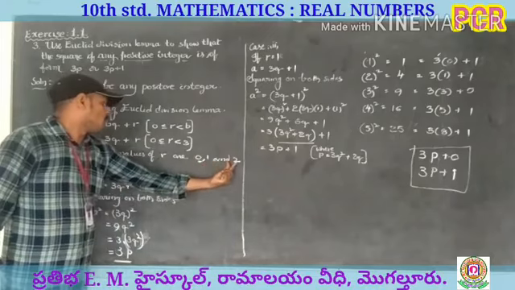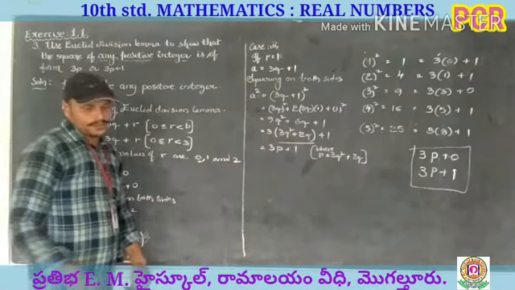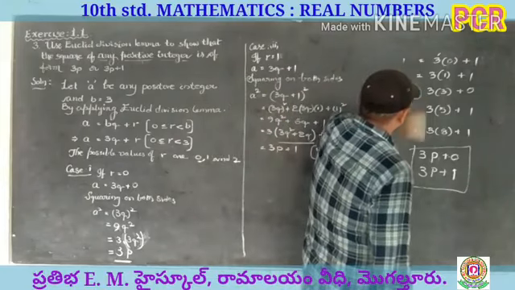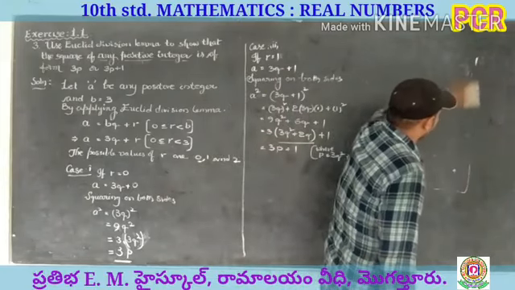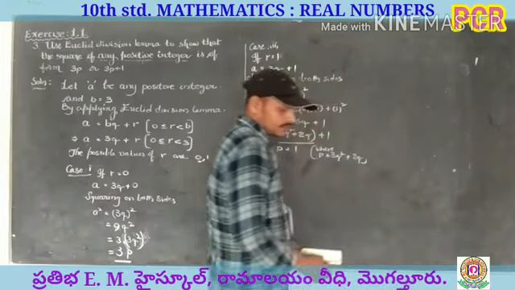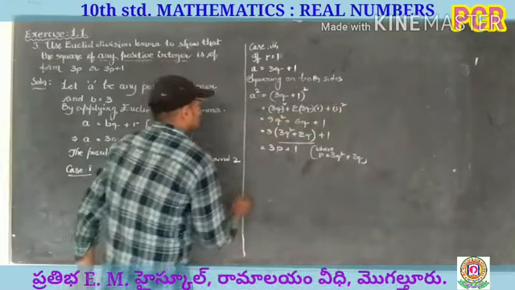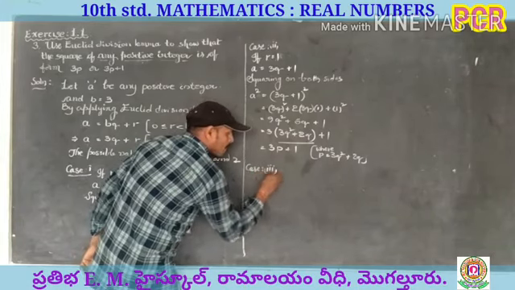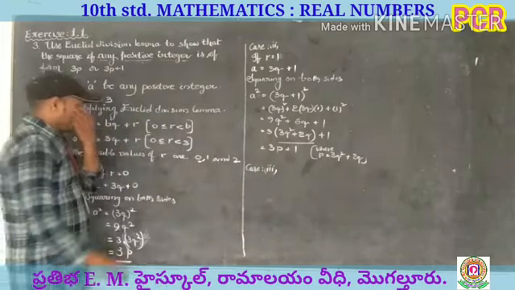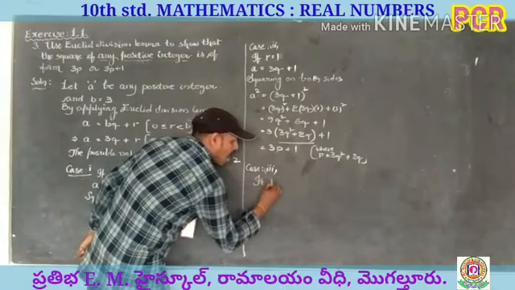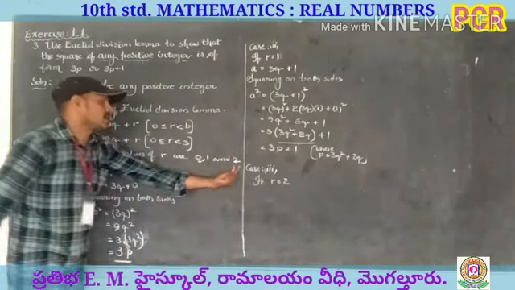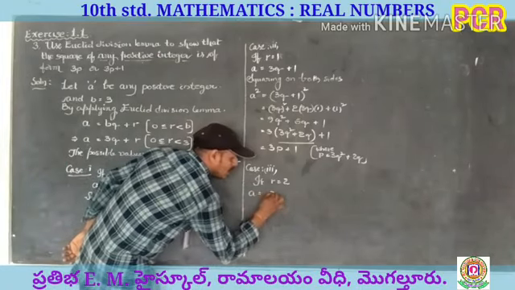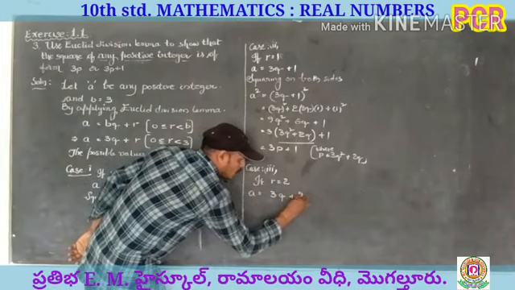Now another possible value for r is 2. Case 3. If r is equal to 2, just substitute a is equal to 3q plus 2.